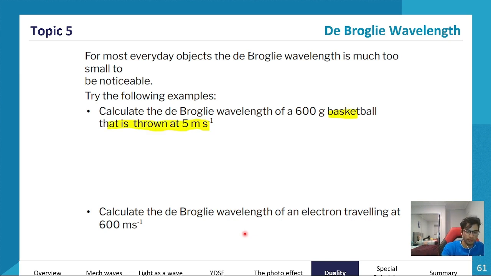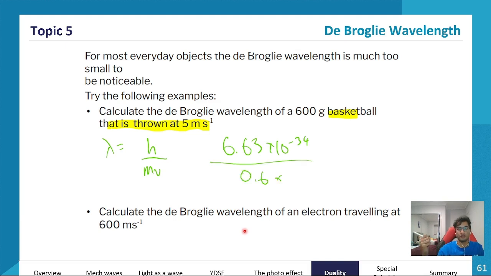The wavelength is equal to h divided by mv, where h is Planck's constant, some guy's constant, which is 6.63 times 10 to the negative 34, divided by mv, which is 0.6 times 5 meters per second, which gives us approximately 2.21 times 10 to the negative 34 meters.